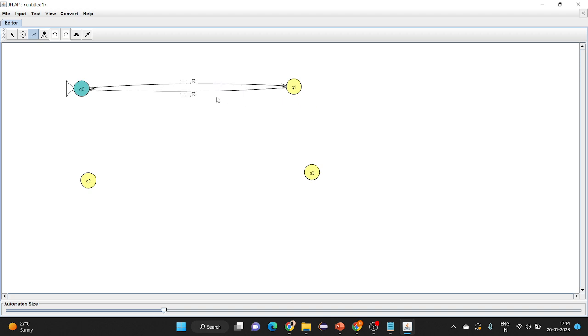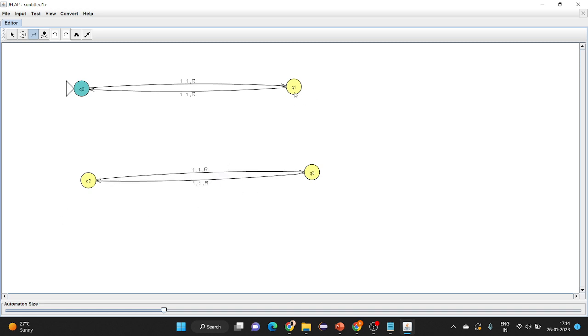So basically it is an even number of ones. And again here, if it is 1, we replace it by 1 and right shift, and again 1 we replace by 1 and right shift.